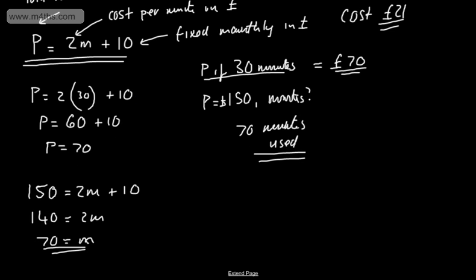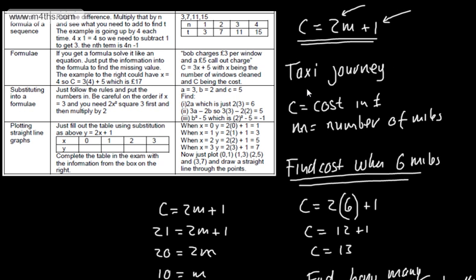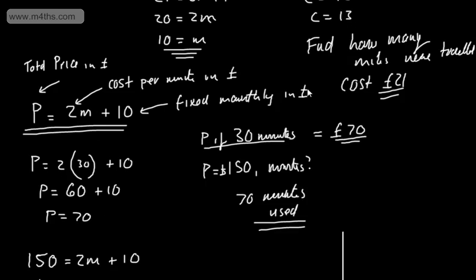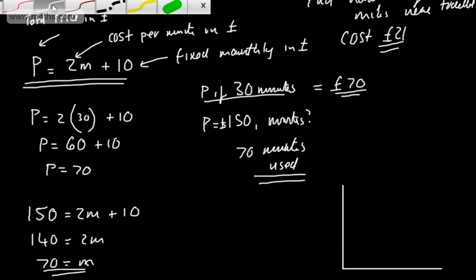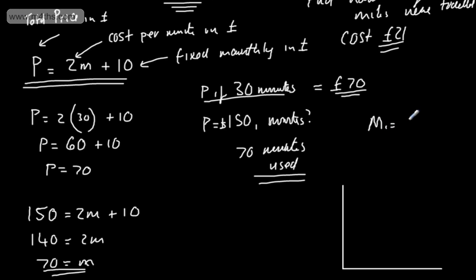I'm just going to draw a quick graph of just these two particular ones here. In fact, I'll do two different ones. So let's just look at this right here. What I'm going to do is have two mobile phones. So mobile phone 1 is going to be now £1 per minute.